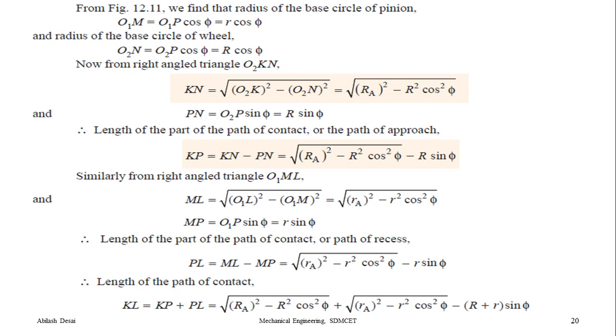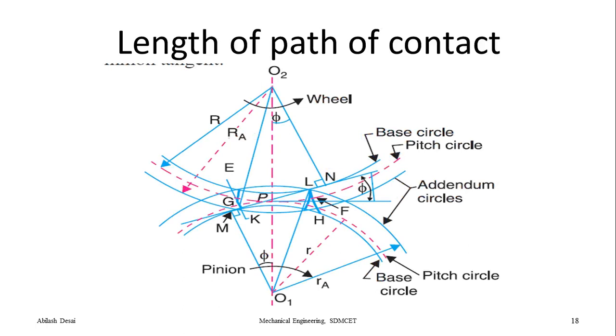Now similarly, the right angle triangle O1ML, we will see from the bottom side now. What is the ML here? This distance we will take from the bottom side. If you want to get the length M to L, this is one side and O1M is the perpendicular distance.